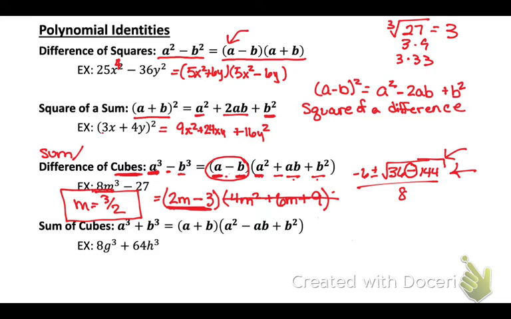So this second piece will never have a real solution. If I ask you for all the solutions, do you have to give me the imaginary one? Yes, but if I ask for all the real ones or the x-intercepts, is it going to have one there? No.